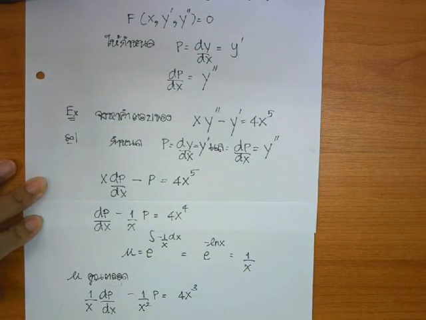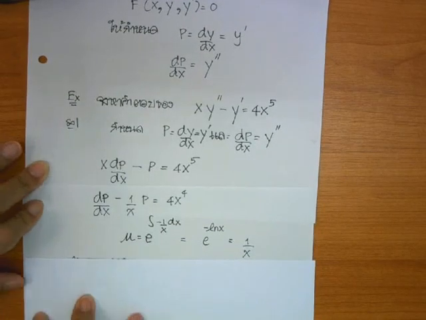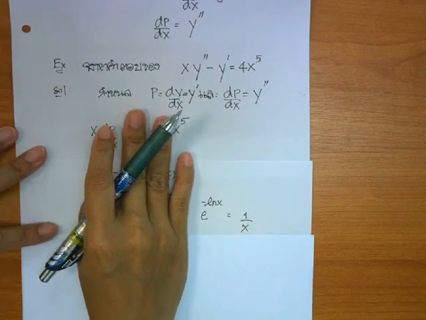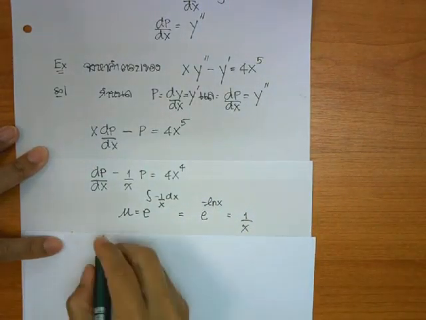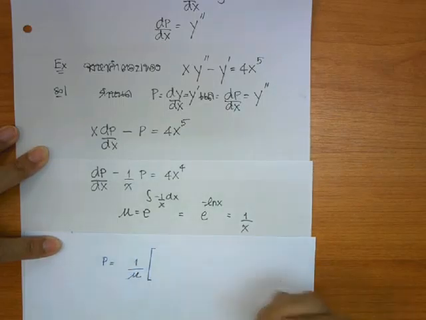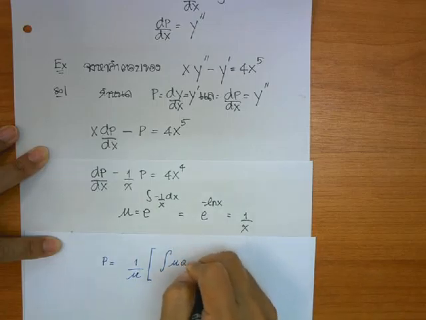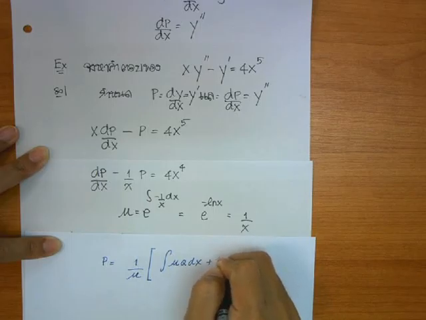We know that it's equal to 1 over x, right? We know from our first order differential equation method that our p is equal to 1 over the integrating factor times the integral of the integrating factor times q dx plus c.